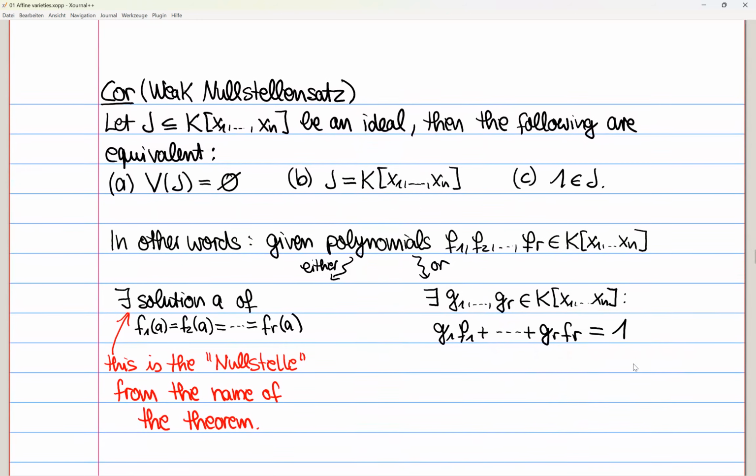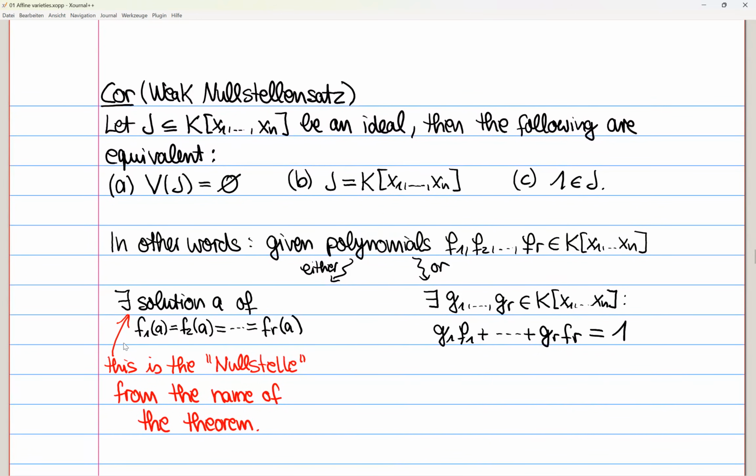Okay, and so this is a maybe more intuitive version of the Nullstellensatz, which just says that if you are given a non-trivial set of equations, then it has a solution. And in fact, it's not extremely hard to just take this Nullstellensatz as an input and then recover the full version.